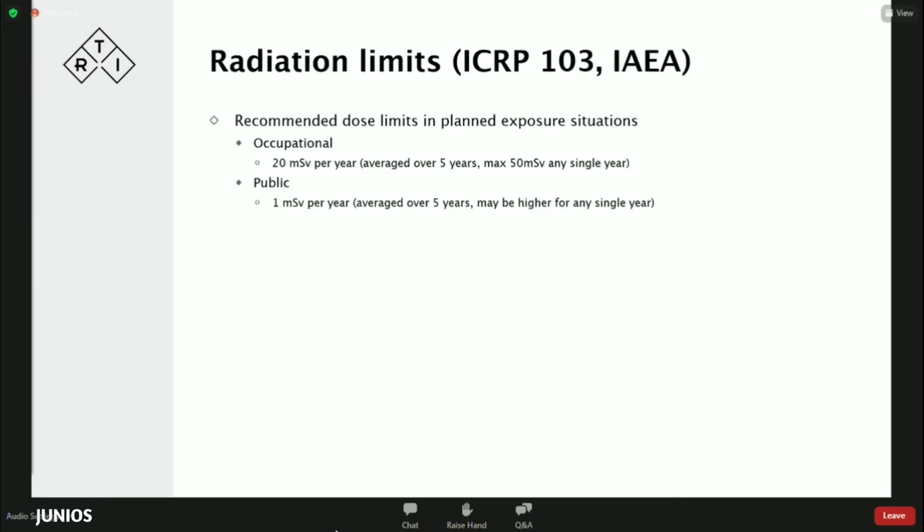So if we just take a look at these limits, the limits are divided into two categories. Let's first take a look at the occupational exposure. The occupational exposure limits are for people who have some training in radiation safety and are normally monitored for radiation exposure.